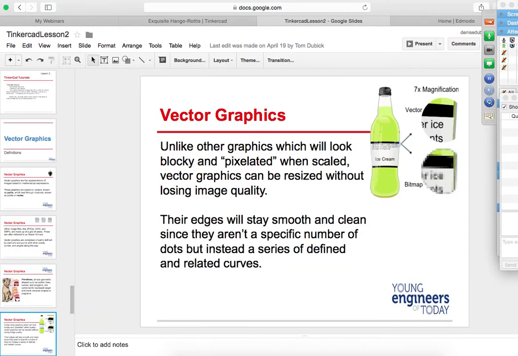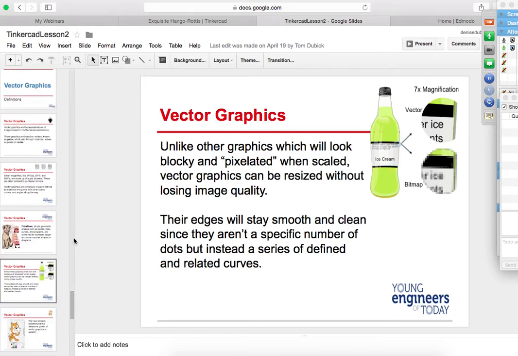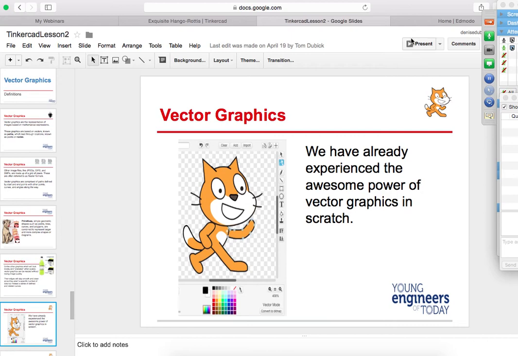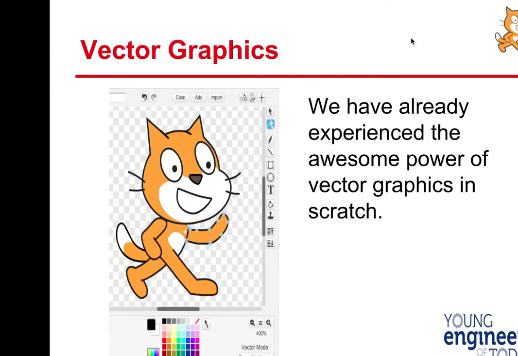Are there any questions so far? Does this make sense? We've already used vector graphics with Scratch. If you've used the browser-based version of Scratch, Scratchcat is a vector graphic.